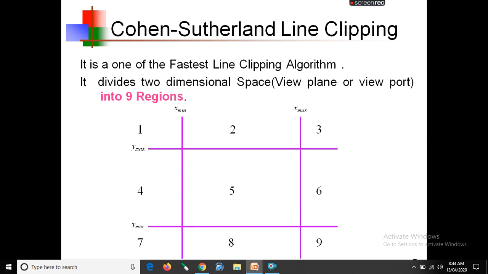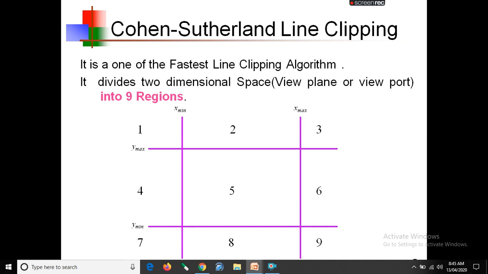Now, in which region can we view the object? As per my example, if any object lies in the region called 5, only that part of the object is accepted and displayed on the screen of the monitor.